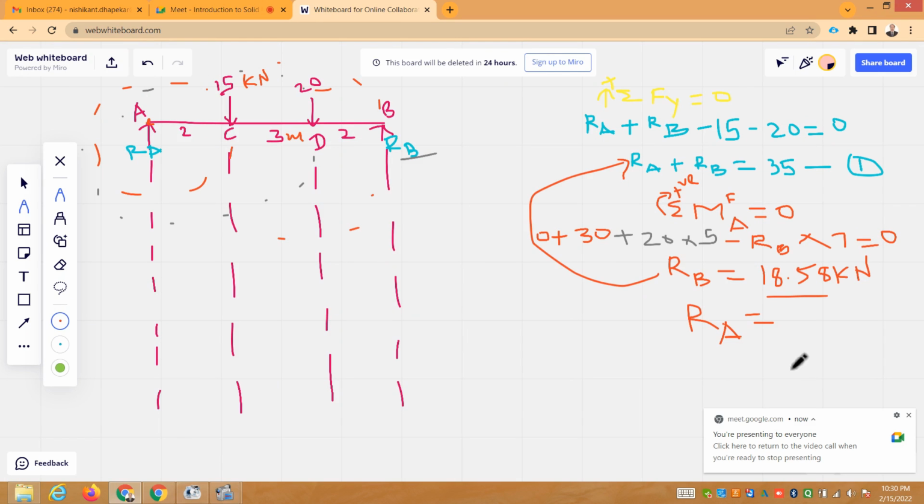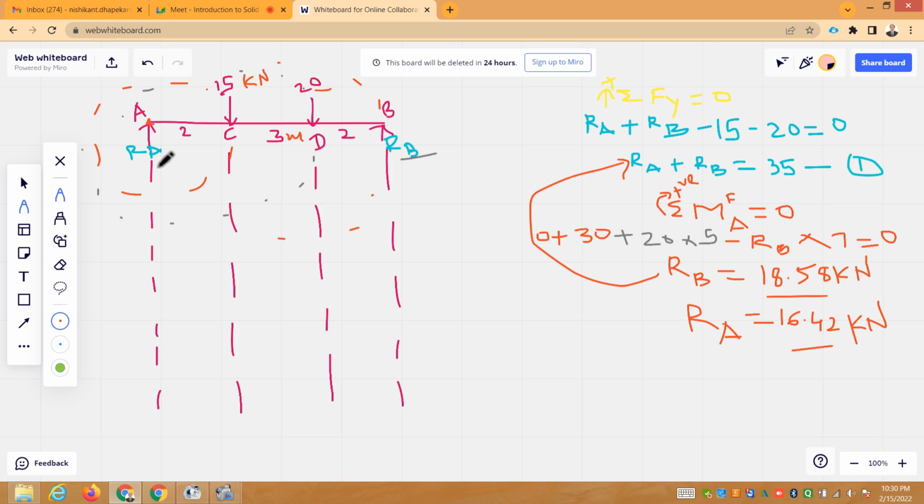How much you are getting? 35 minus 18.58, 16.42. Is it so? So 16.42 kilonewtons will be the value of Ra, and this reaction again is positive. So the assumed direction, upward direction, is correct one.